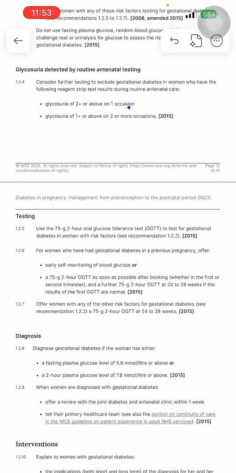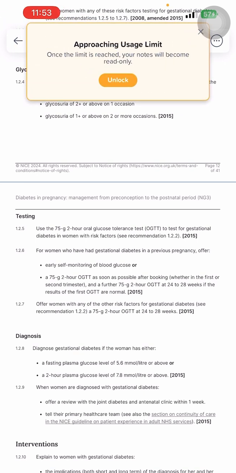Glycosuria 2 plus or above on one occasion, and glycosuria 1 plus or above on two or more occasions. So if you find glycosuria of 2 plus on one occasion, or 1 plus or above on two or more occasions, you have to advise an oral glucose tolerance test in these cases. Okay, so this is one of the important points, you have to memorize this.